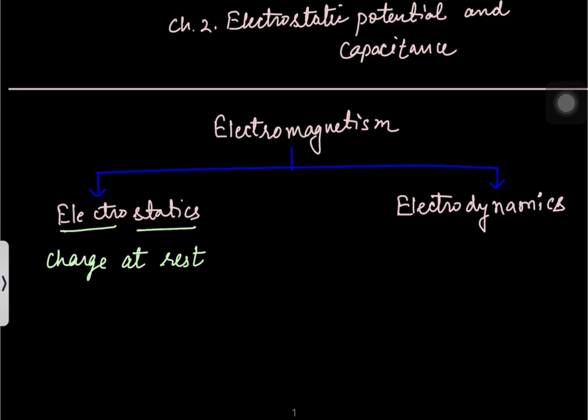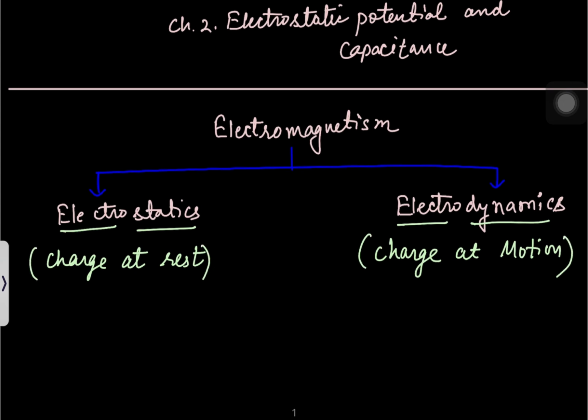In the same way, if we talk about the electrodynamics, so electro here refers to the charge and dynamics here refers to the motion. So I hope it makes you very clear that electromagnetism is being divided into two subcategories. Number one category is electrostatics and second category is electrodynamics.